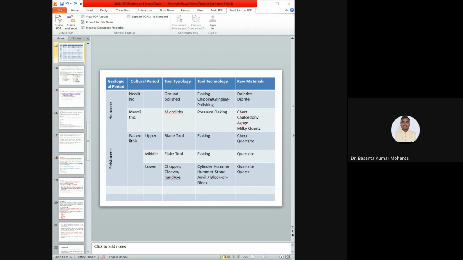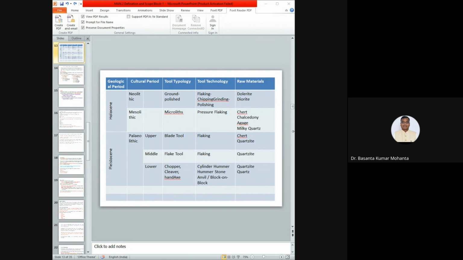This relationship, how human beings are related to their nature based on their cultural practices. Because culture develops based on the requirement of human beings. So here we try to see the interrelation of man and nature. That's why environmental archaeology helps a lot to understand the relationship of man and nature.